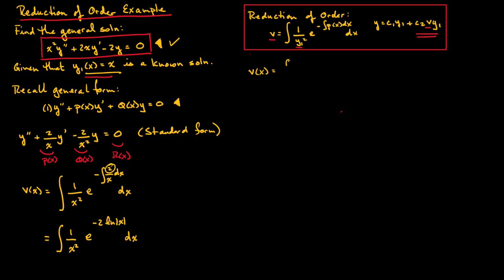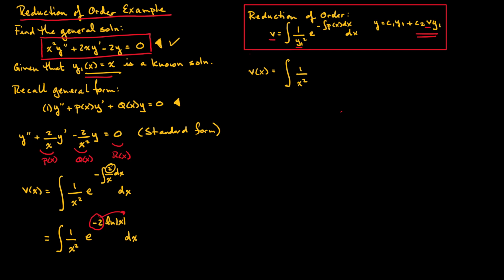We're going to further simplify this by using our rules for logarithms. As you remember, you can take this factor here and bring it as an exponent in the logarithm.